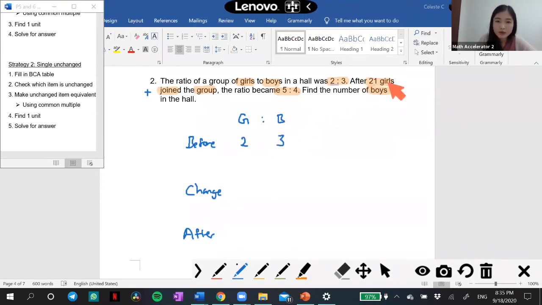And then 21 girls join the group. Join means you add. So under the girls column, add 21. And then the ratio became 5:4. So fill it in. 5:4.